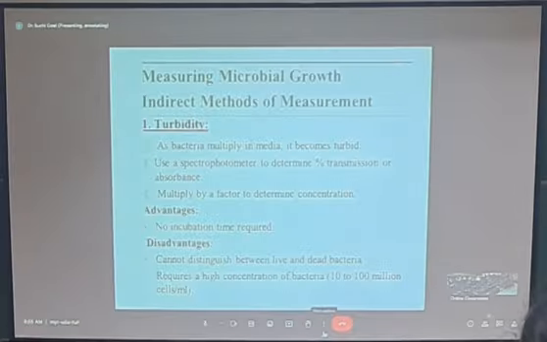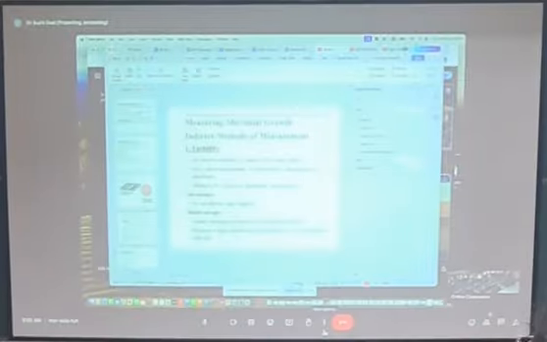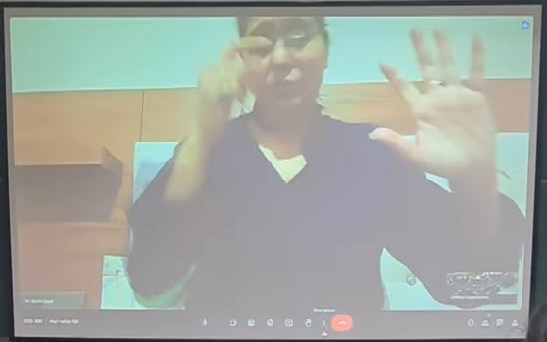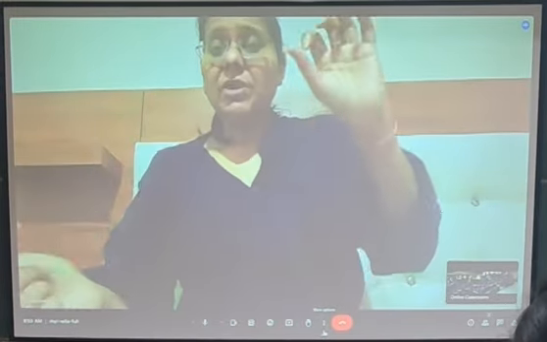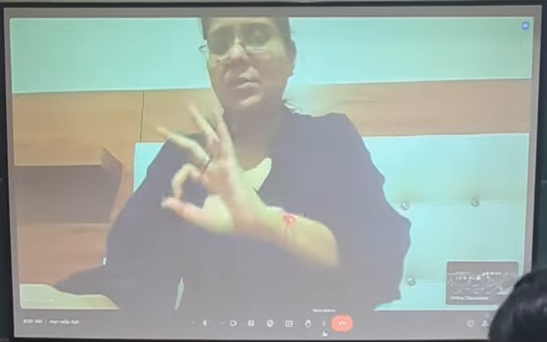So you can sometimes use a spectrophotometer to determine the percentage absorbance, and then you can multiply by a factor to determine concentration. This I will tell you. So how do you do that? When you inoculate a colony in your LB broth, you will see turbidity in the morning.